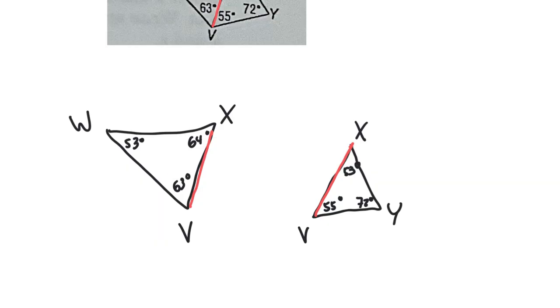So what's the longest side of this triangle? The longest side of this triangle has to be longer than the longest side of this triangle. So the longest side of this triangle is this purple right here. Okay. So that is the longest side.